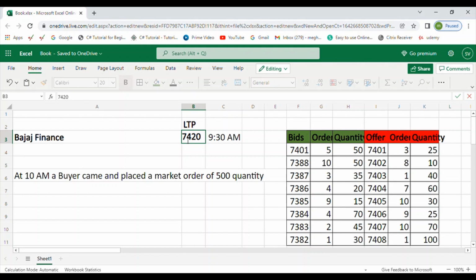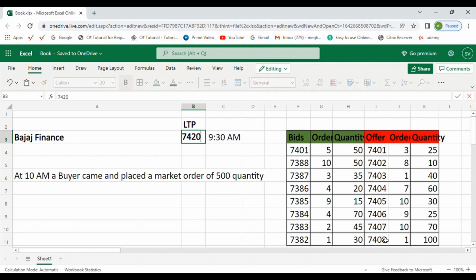Now in this case, there is a random person who came to the market and just placed a market order of a huge quantity, and there are no sellers available at limit orders with huge quantity at the current market price. So what actually happens is the system takes the best possible price. It keeps taking from the beginning until the 500 quantity is met.